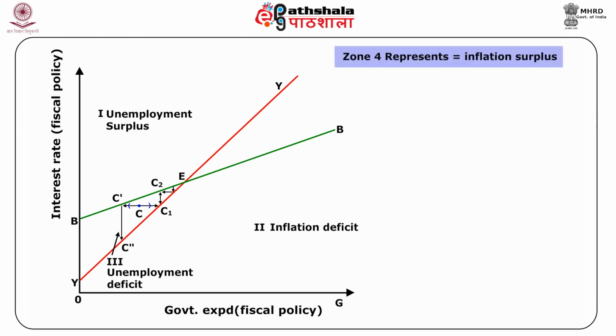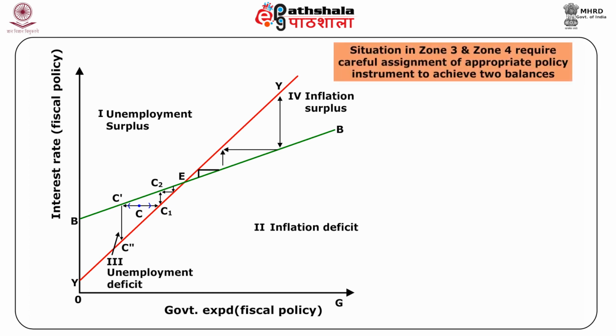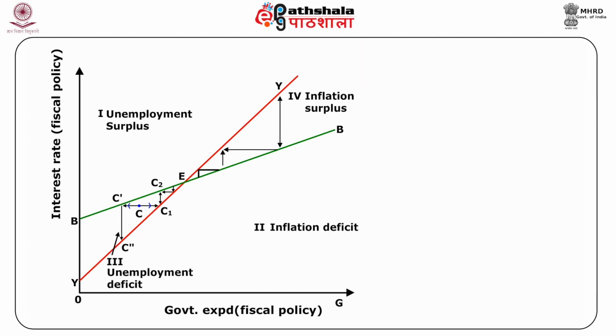Zone 4. Zone 4 represents a case of inflation surplus at any point in that zone, as the economy is to the right of YY, which indicates inflation, but to the left of the BB line, which signifies external balance. The situations in Zone 3 and Zone 4 require a careful assignment of appropriate policy instruments to achieve the two balances.